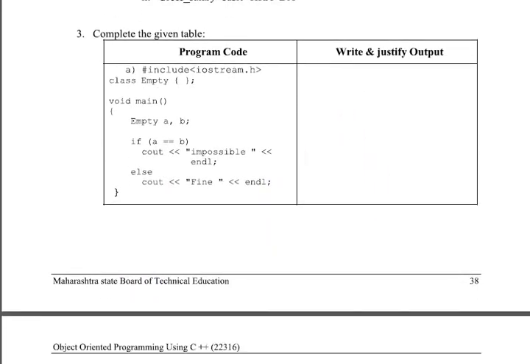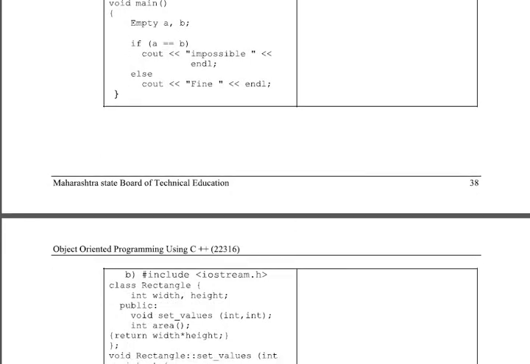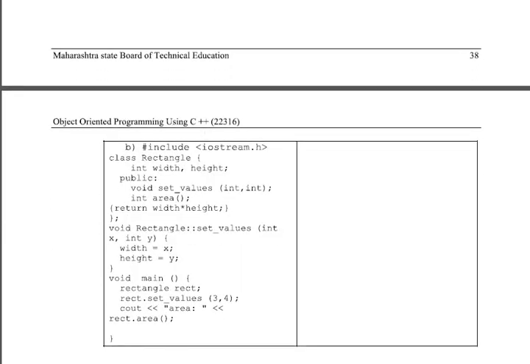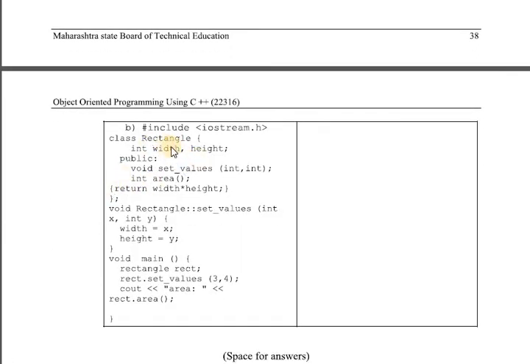Now the second question. Here in the rectangle class, width and height are declared as data members, and set value and area are both member functions. Now this area returns the width into height.